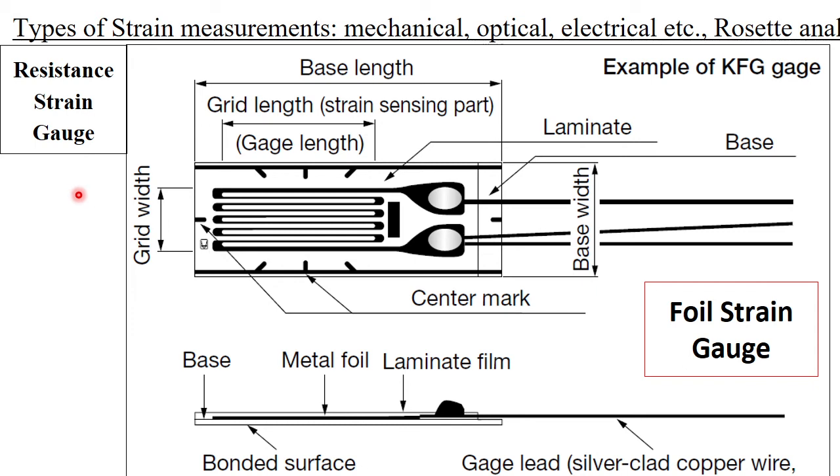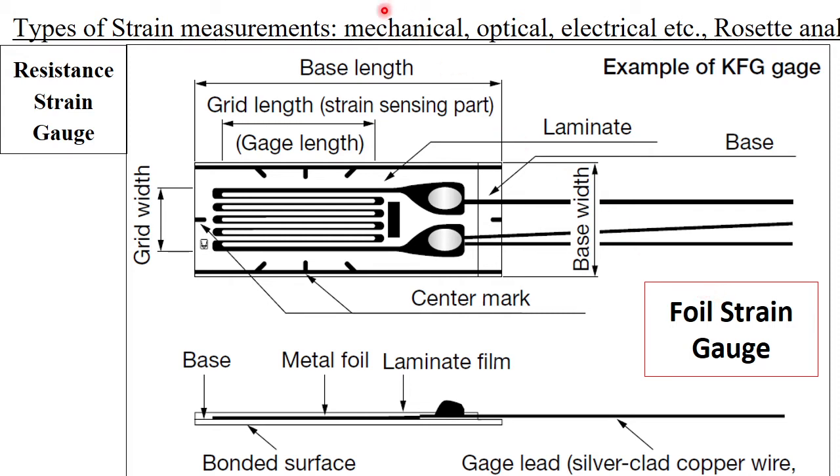We will be discussing in detail the resistance strain gauge. Again, in resistance strain gauges there are foil type, wire type, etc. We will be discussing the foil type of strain gauge. Only this is what we are focusing on here, right?